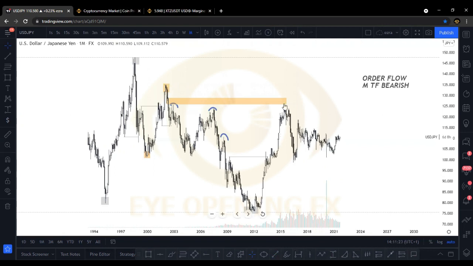Order flow on weekly is bearish, order flow on monthly is bearish. With these two time frames, this higher time frame will control everything on the lower time frame. Because this time frame is bearish, we are still bearish on this time frame. Order flow and structure on this time frame are bearish.